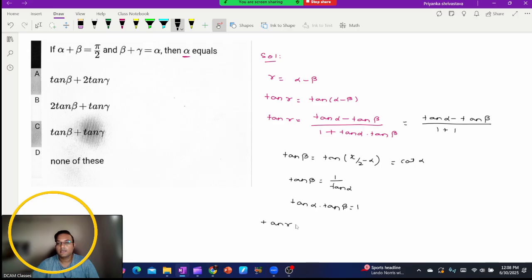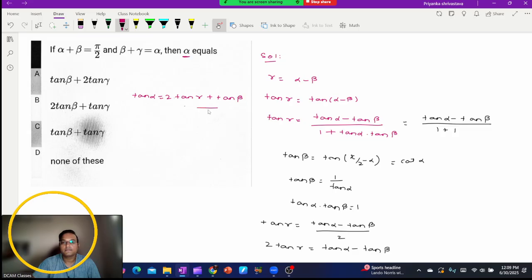So tan gamma is equal to tan alpha minus tan beta divided by 2. So I'm getting a relation 2 tan gamma is equal to tan alpha minus tan beta. That means the value of tan alpha is equal to 2 tan gamma plus tan beta. I think what they meant is the value of tan alpha they want. Option A.